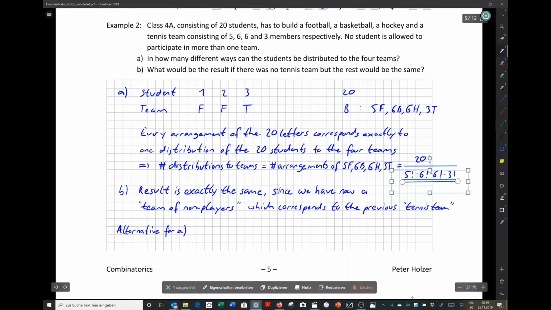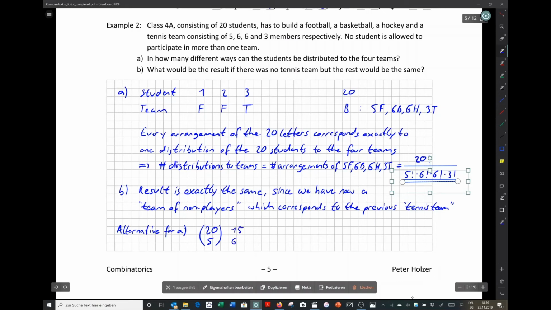Let us now look additionally at an alternative way to find the result in A. We could just say, in how many ways can I choose out of the 20 students the 5 that play football, where obviously that's 20 choose 5. Then I have to choose those that play basketball. Since I have already chosen 5 out of the 20, only 15 are remaining.